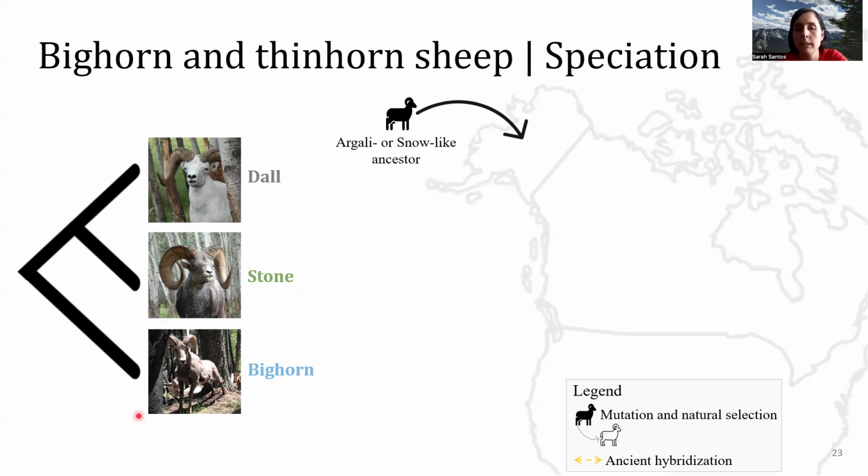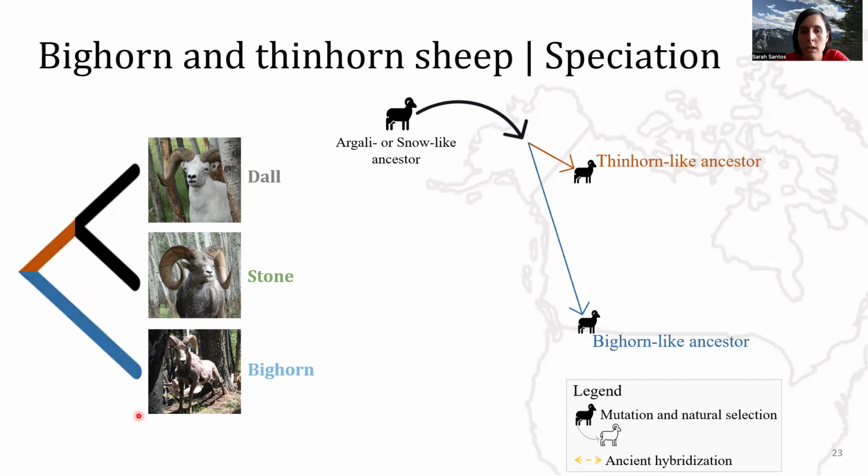And so basically the theory is that an ancestor, either snow-like or argali-like, entered the Americas here and then diverged into the thinhorn clade and then the bighorn. And within the thinhorn, we would have a Dall-like ancestor, potentially caused by a mutation followed by natural selection, because it was probably an adaptation to the environment.